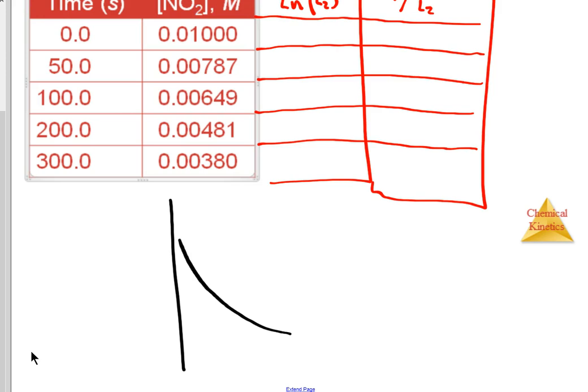Okay. As I walked around, everyone has a line that is pretty much not straight. Correct? Okay. So, we know now it's not first order. So now go back to the graph, do everything the same, but change it to L4 versus time.